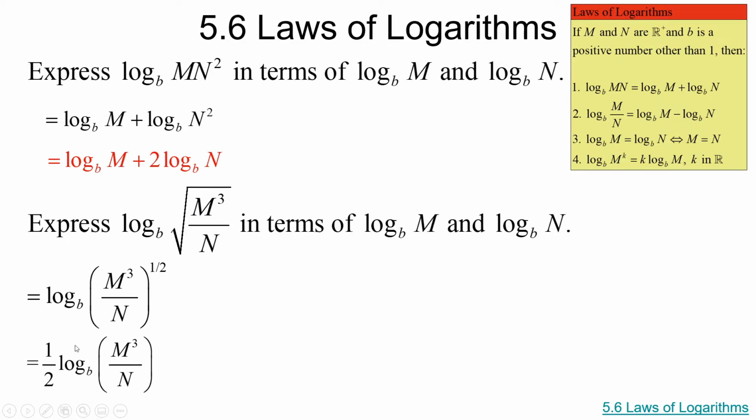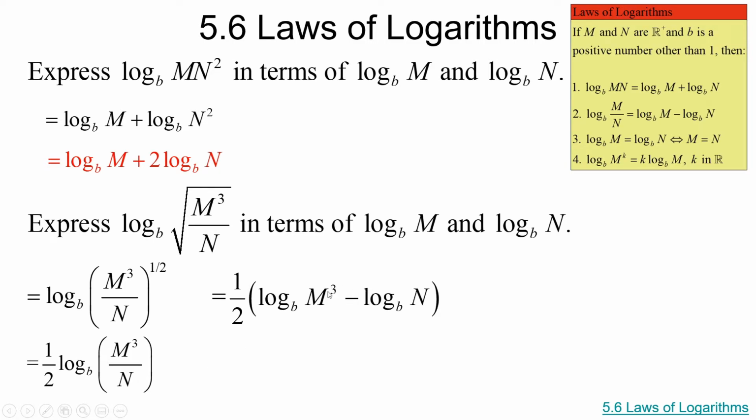Just like that. And now, do you see the division? That's right, we're using number 2. I can write this log base b of m to the 3rd divided by n as the difference of 2 log base b's. So let's set this up with 1/2 and a difference, and this first term right here is going to be the log base b of m to the 3rd minus the log base b of n.